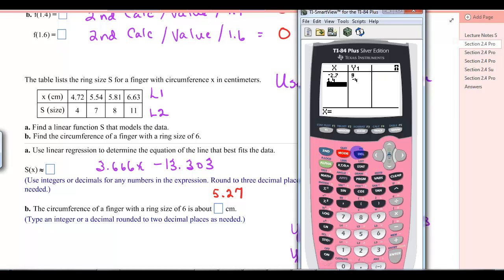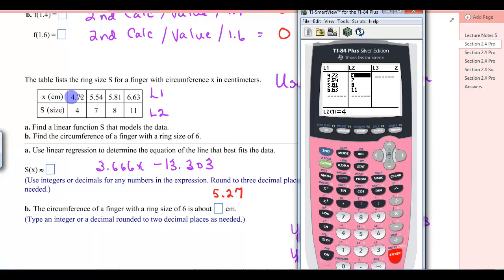So let me quit out of this. The first thing you want to do if you're going to do regression is go to y equals, clear out anything that's there, jump up and hit enter on plot 1. That turns it on. Then we'll go to stat and we'll hit edit. We're going to put, oh, actually I have them there, great.